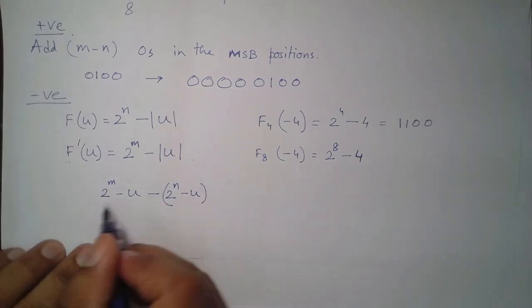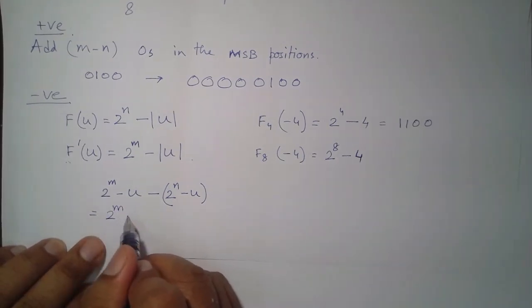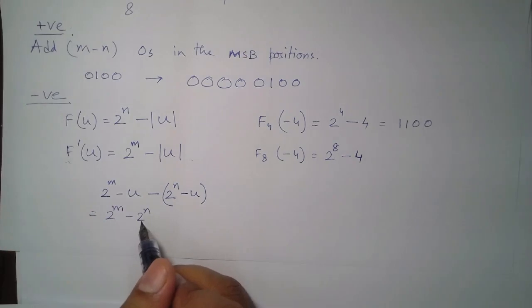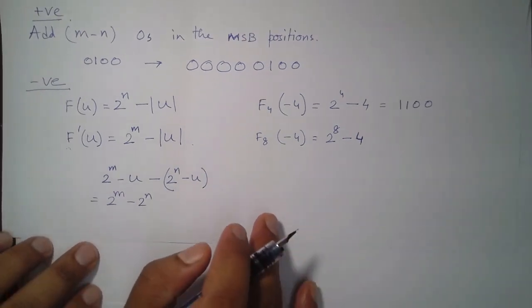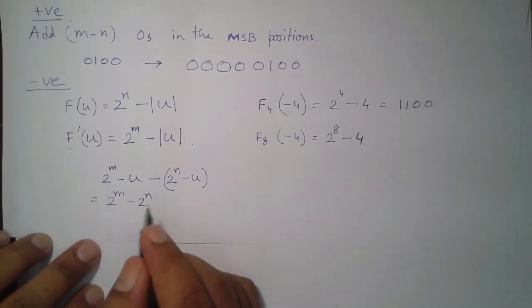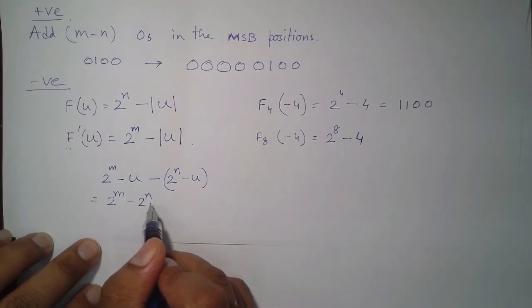So what is this difference? This difference is nothing but 2 to the power m minus 2 to the power n, right. And what is it? 2 to the power m minus 2 to the power n. Take another small example, maybe 2 to the power 4 minus 2 to the power 2.